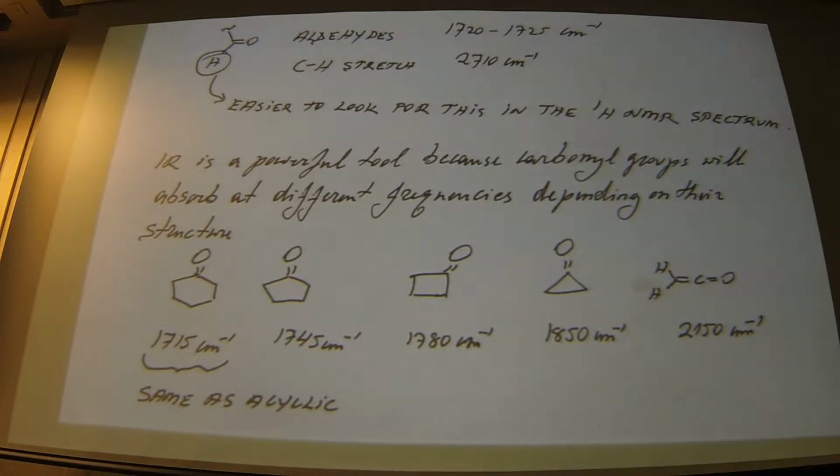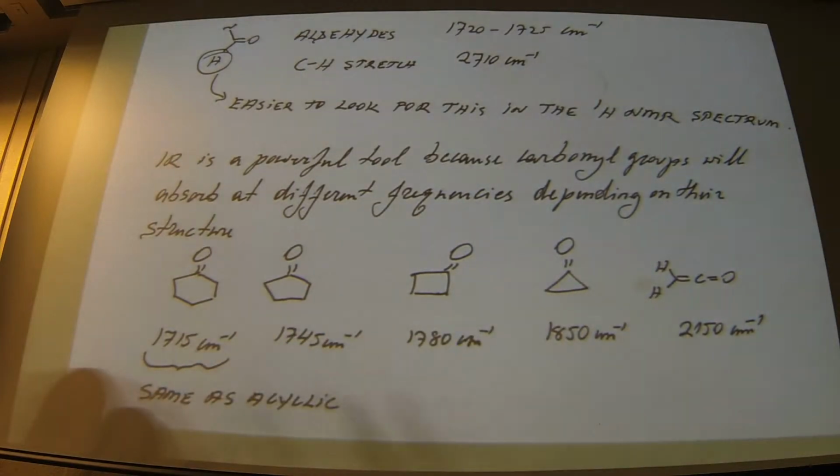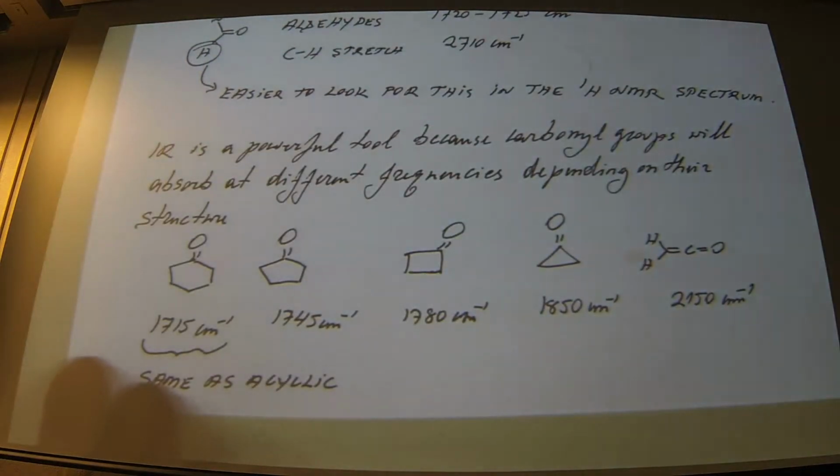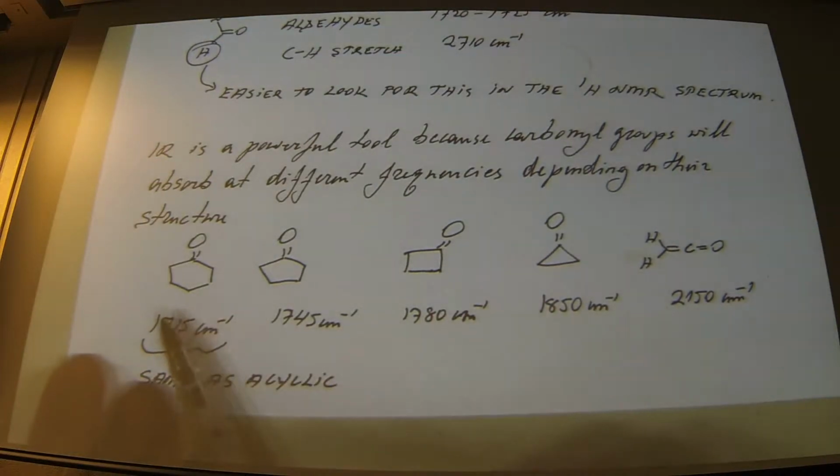It's great to have. I'm not saying it's bad, but the point is you don't need anything that good to see something like this. So even with the non-FT machines that we had 30 years ago, you could tell the difference between these carbonyl stretches.